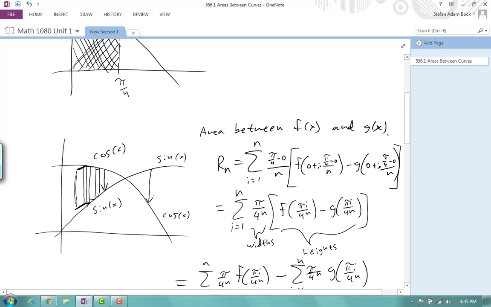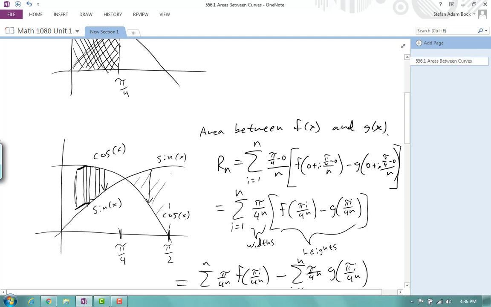So in my Riemann sum or in my integral, I always had f of x minus g of x, or I had cosine of x minus sine of x. But if cosine of x is below sine of x, then those values are going to be negative. So when I'm doing my Riemann sum, the heights of my rectangles on this side are now negative. My picture is not perfectly to scale, but from 0 to pi over 4 was this left slightly triangular region. But when I go from pi over 4 to pi over 2, I have this right slightly triangular region.